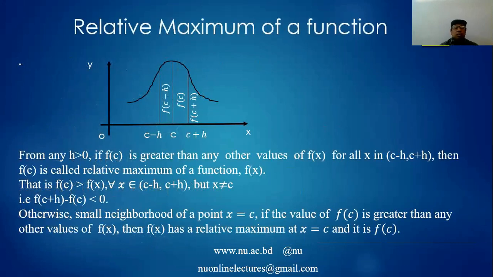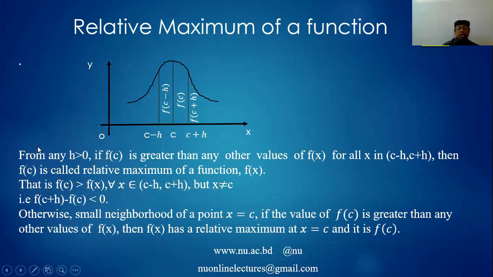Now I would like to discuss the relative maximum of a function. Try to understand. Here is c, the same c, on the left side c minus h and on the right side c plus h, and this is f of c minus h, and the right side c plus h.